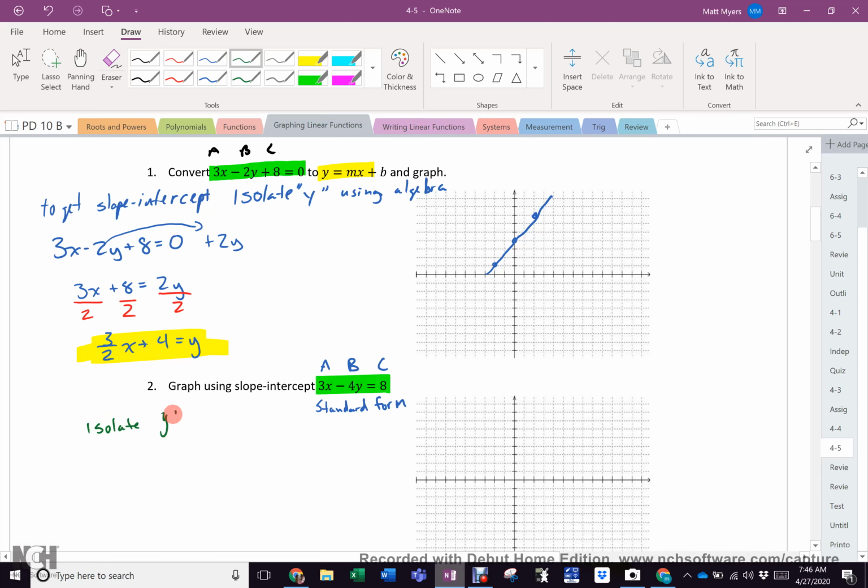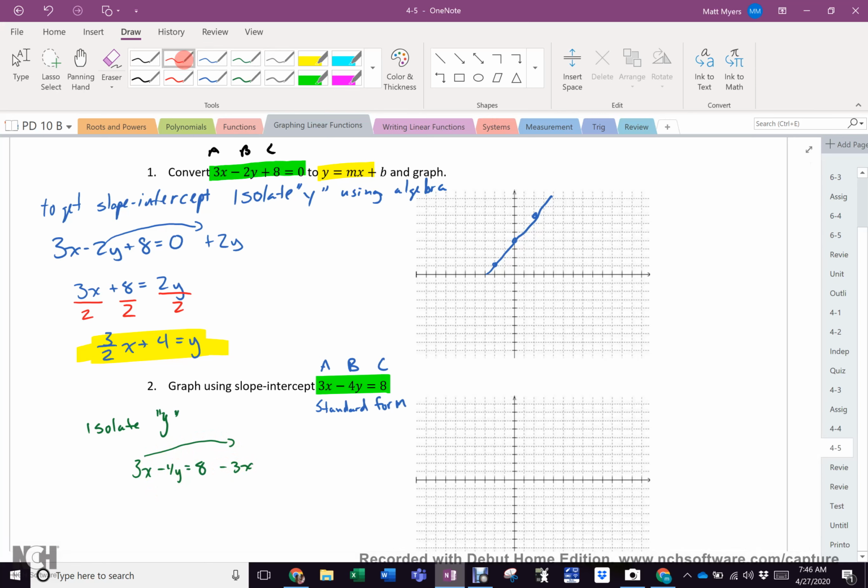So let's do that. 3x minus 4y equals 8. I need y to be by itself, so I can go ahead and move that x, and y will almost be by itself. When I move that positive 3x over here, what does it become? It becomes negative 3x, right?